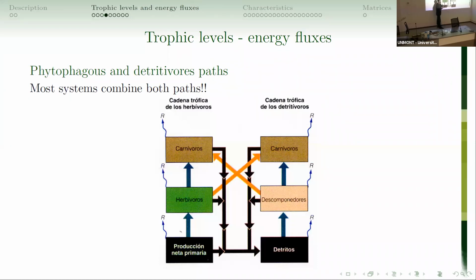And so these 2 paths are extremely linked. And of course, there could be carnivores that eat both living organisms, herbivores and decomposers, which are also alive, of course, and also carnivores that would be part of this could be also eating herbivore species.